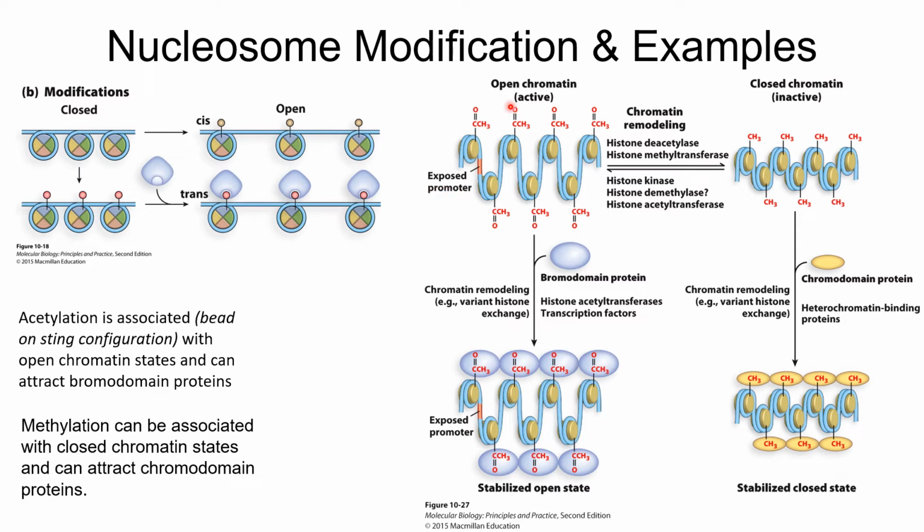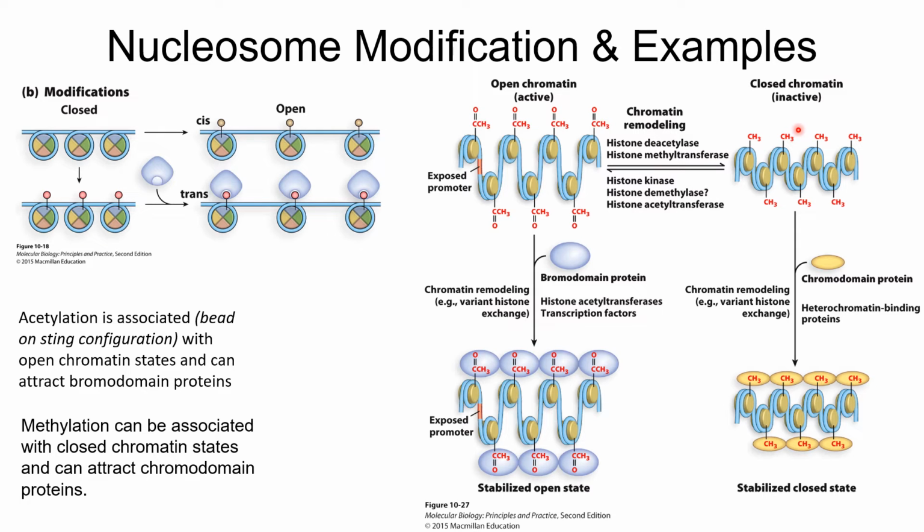And in order to maintain this open active state, the bromo proteins are able to bind, and this will allow the histone acetyltransferase to attach to the histone tails, and this will stabilize the open state because they are less likely to close whenever this protein is present, locking them in the open active state. So we would expect good gene expression due to this stabilized open state.